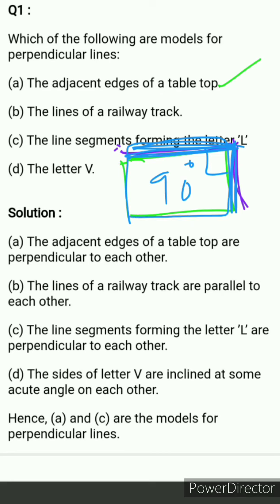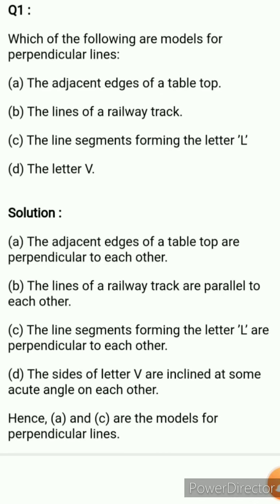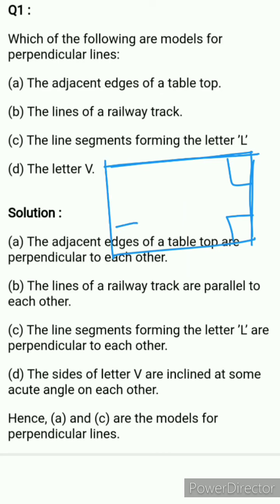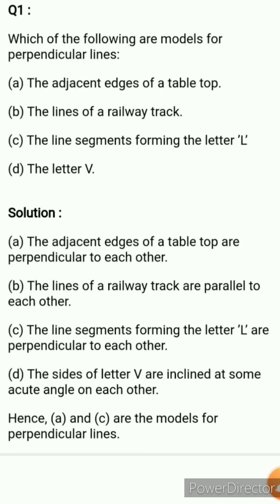So the first edge is perpendicular to another edge. This one is perpendicular to this one, that is also perpendicular, that is also perpendicular. Clear? So you can say that the adjacent edges of a tabletop are perpendicular to each other.